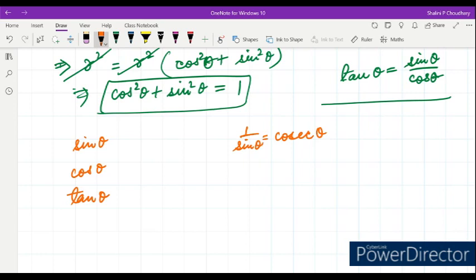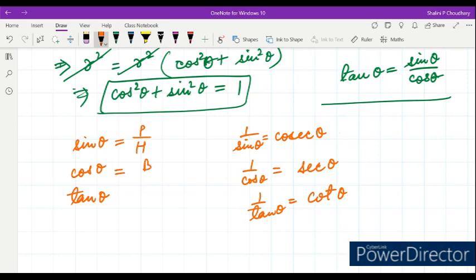1 upon sine theta is cosec theta, 1 upon cos theta is sec theta, and 1 upon tan theta is cot theta. Okay, so sine theta will be equal to P upon H, cos theta will be equal to base upon hypotenuse, tan theta will be equal to sine upon cos, that is perpendicular upon base, right?